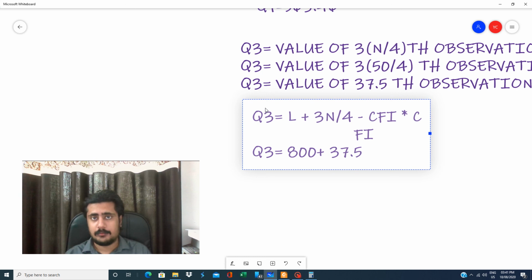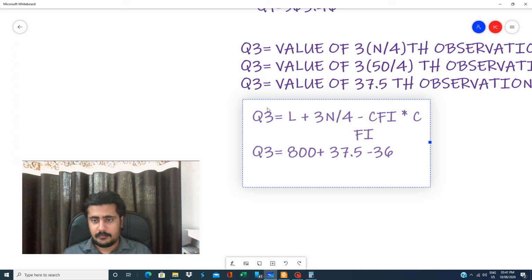So 800 plus 37.5, which we have found from 3n upon 4, minus CFI. CFI is 36, upon the frequency, which is 9. And your class length is 150.